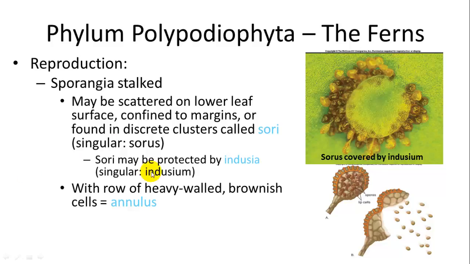And they often have heavily walled brownish cells called the annulus surrounding the sori. The annulus helps to disperse the spores out of the sporangium by kind of bursting and catapulting them out.